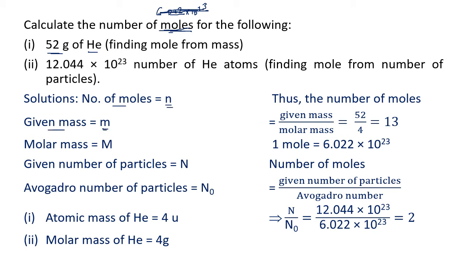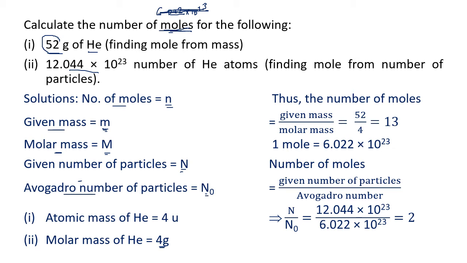What is the given mass? 52 gram. So 52 gram is our m. What is the molar mass of helium? Molar mass of helium is 4 gram. Capital N is the given number of particles, that is for the second numerical. And Avogadro's number N0 we know is 6.022 into 10 raised to 23.